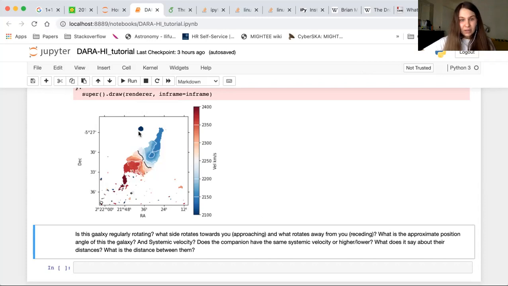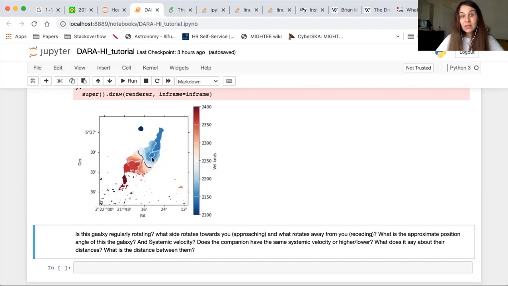We can also now look, for example, at the color of the companion and see that it is much darker than any of the gradients here of the galaxy. So we know that if the systemic velocity of the galaxy is 2250, the systemic velocity of the companion is around 2100. So the little galaxy moves away from us a little bit slower, just with 2100 kilometers per second.